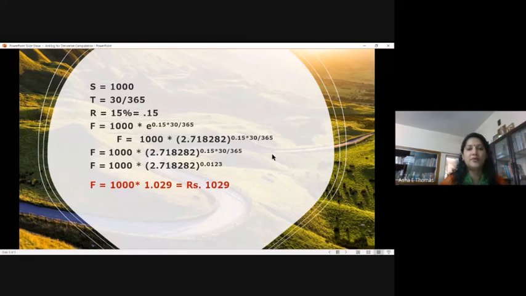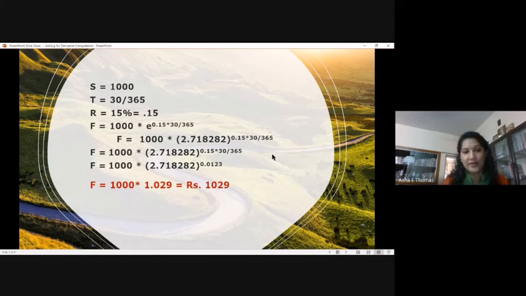It's all about computation. We just needed the formula. The same thing applies when you have carrying cost. If you go with the same formula, suppose I am talking about 2 rupees carrying cost for 1 kg of wheat. Initially I have to compute 2 into e raised to r into t.